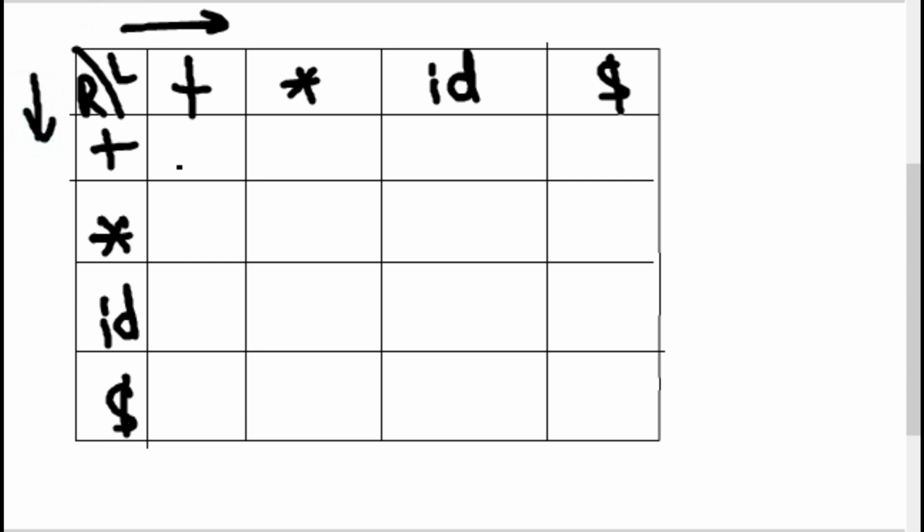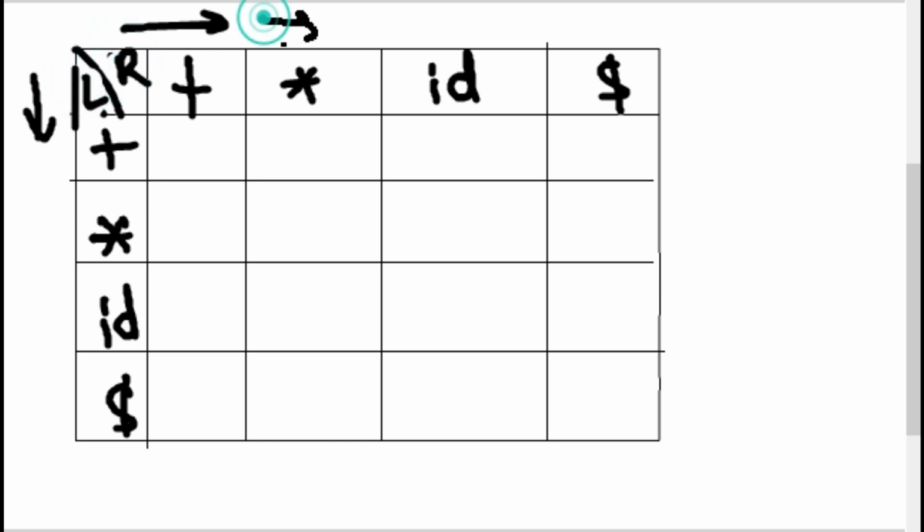Now in between plus and plus, we need to understand there is a rule called left associative. Left associative means, this is the left hand side and this is the right hand side.